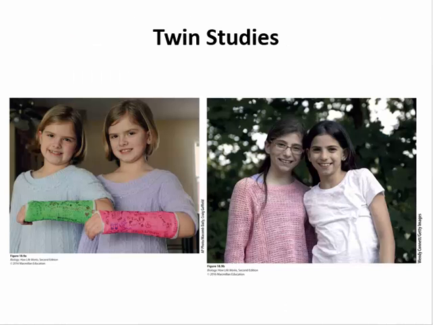A really cool way that we can explore some of these genetic versus environmental differences is looking at twin studies. Now, you have different kinds of twins possible, right? So fraternal twins, those are twins that are born at the same time, but they originated from 2 different fertilization events, whereas identical twins are genetically identical, originated from the same fertilization event.